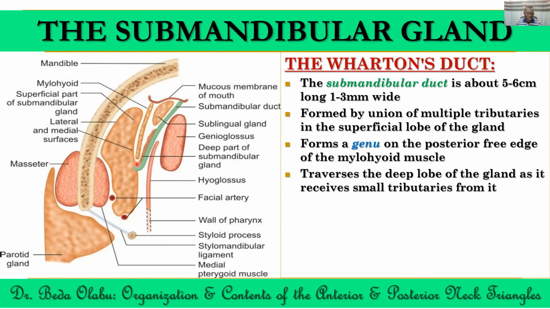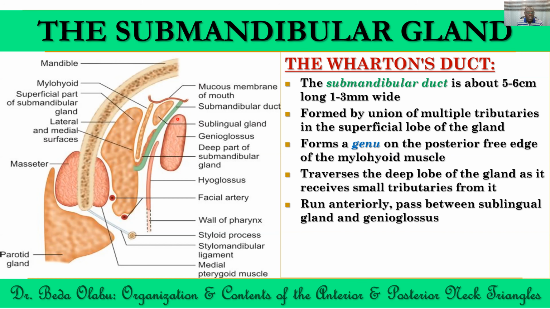We can see that course there going between the sublingual gland and the muscles of the tongue, the intrinsic muscles of the tongue, as well as the genioglossus muscle, which is an extrinsic muscle of the tongue. So the duct is between the two.